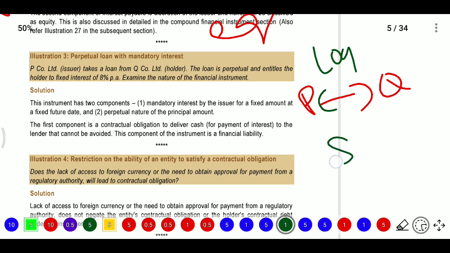So the obligation is directly cash, so it will become a financial liability. Here two components: mandatory interest by the issuer for a fixed amount at a fixed future date, and the perpetual nature of the principal amount. The first component is a contractual obligation to deliver cash to the lender that cannot be avoided. This component of the instrument is a financial liability.